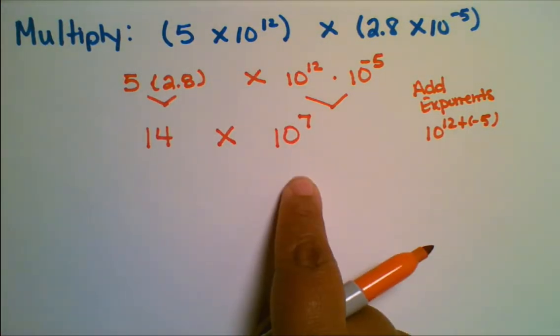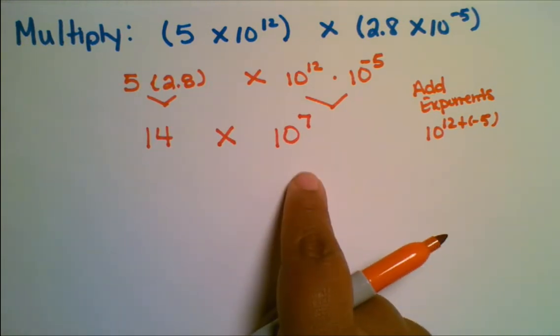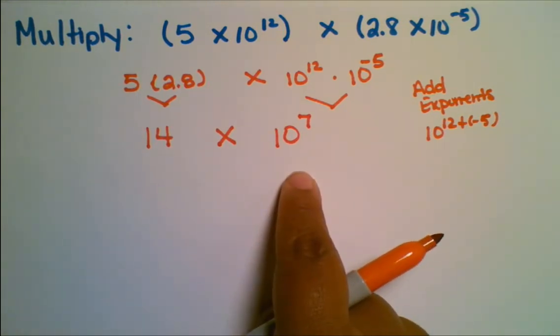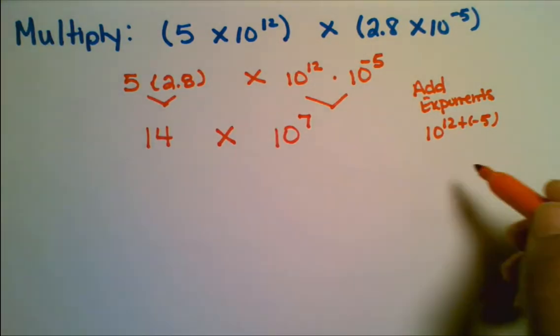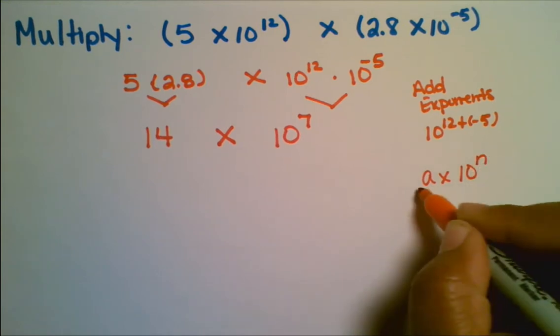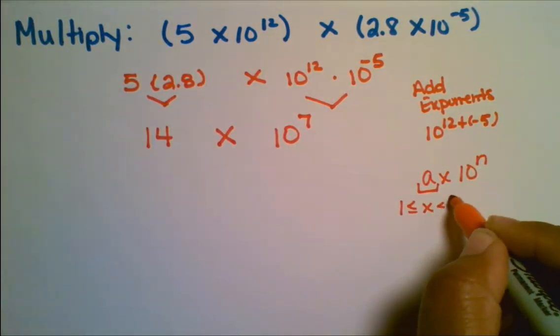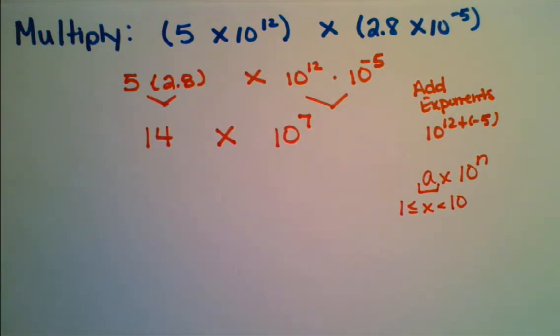Now, ask yourself, does our answer follow the rule of scientific notation? Because remember, the rule for scientific notation is that this A part must be between 1 and 10, a number that is less than 10 but at least 1.